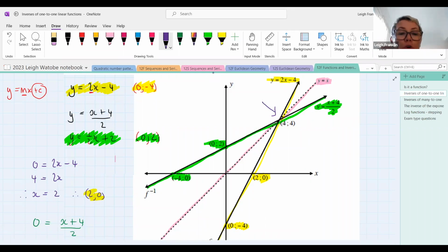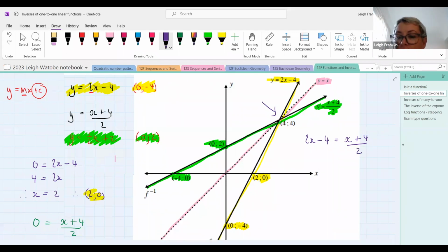So you could use any two of the 3 lines that intersect at that point. But let's say you decided to use the 2 functions. Because they are equal to one another at this point, we would make 2x minus 4 equal to x plus 4 over 2. And then we would need to solve for the x coordinate.